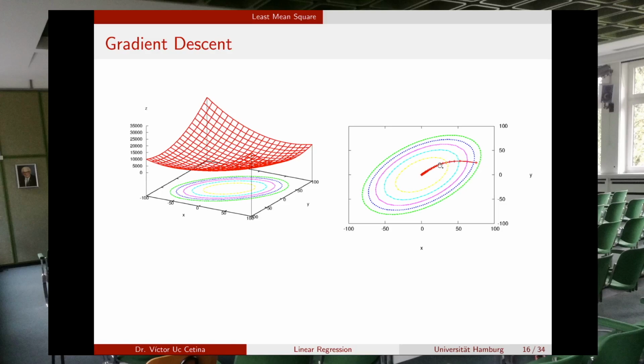This is the idea behind gradient descent: to compute, at each point of the surface where you are located, the next step you need to take in order to go down the surface. As you can see here, the initial steps are larger, and then they become smaller and smaller until the algorithm manages to find the global minimum of the surface.